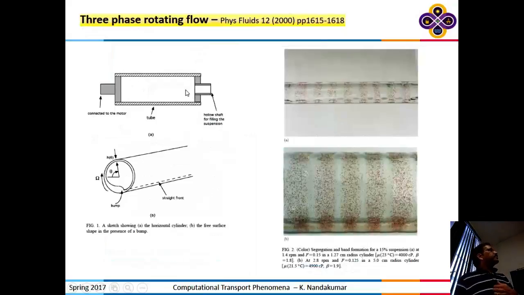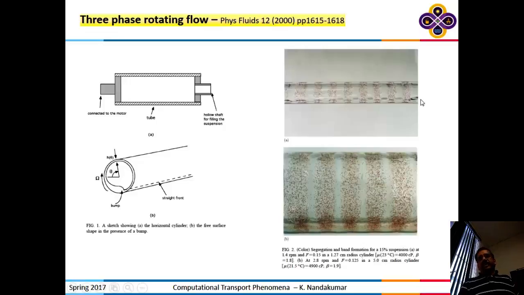Now, another interesting experiment. I'm talking about these things because I'm preparing some of these as project problems for some of you, hopefully. So here you have a cylinder that's filled with a liquid, but dispersed with fine particles, glass beads or some other particles. And they are initially homogeneously distributed. And then you start rotating them. When you start rotating them, the particles segregate like this into bands. Okay?